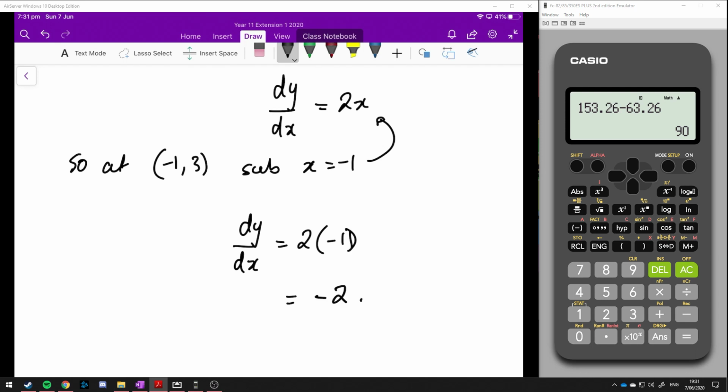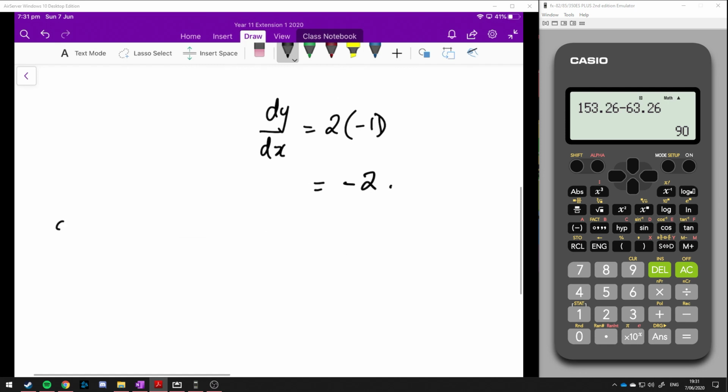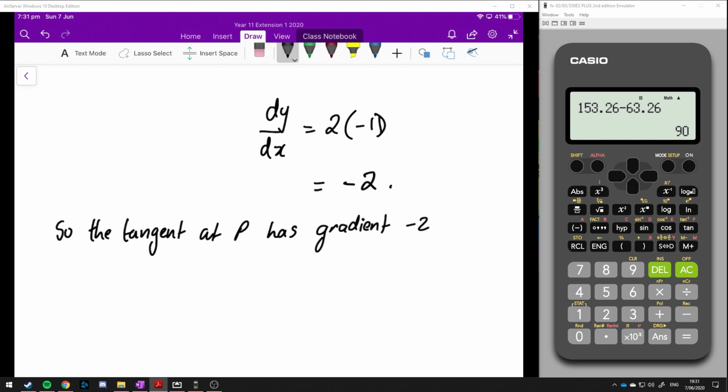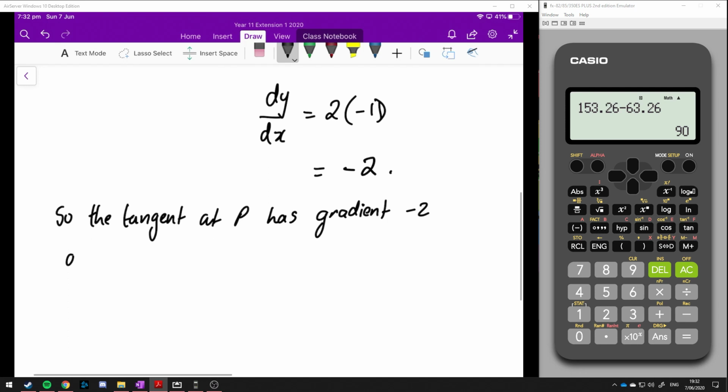So the tangent at P has gradient negative 2, and the normal has gradient a half, because the gradient of the normal is just the negative reciprocal of negative 2, so in this case it's a half.